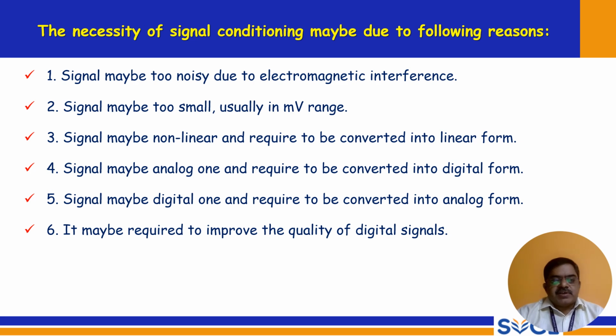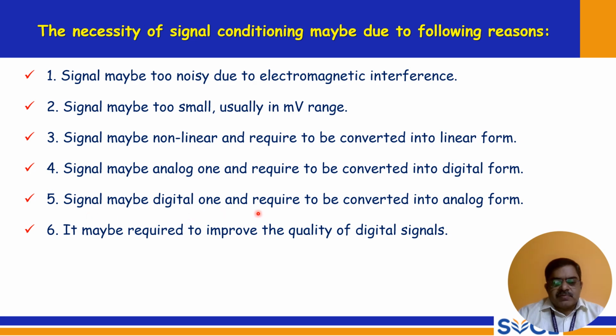The necessity of signal conditioning may be due to the following reasons. Signal may be too noisy due to electromagnetic interference. Signal may be too small, usually in the millivolts range. Signal may be non-linear and required to be converted into linear form. Signal may be analog and required to be converted into digital form.